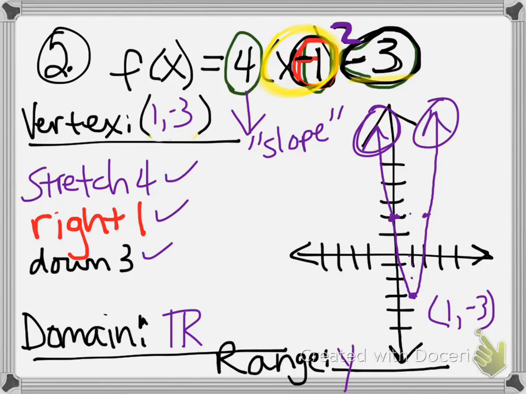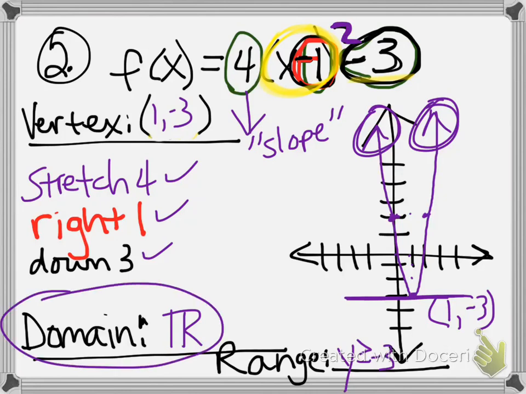If it goes up, that's above, so greater than or equal to, and then all we have to do is check and see what is this lowest value right here, and that's a -3. So the domain is all real numbers, the range, y, is greater than or equal to -3. And that's an example of the quadratic parent function section from section 1.